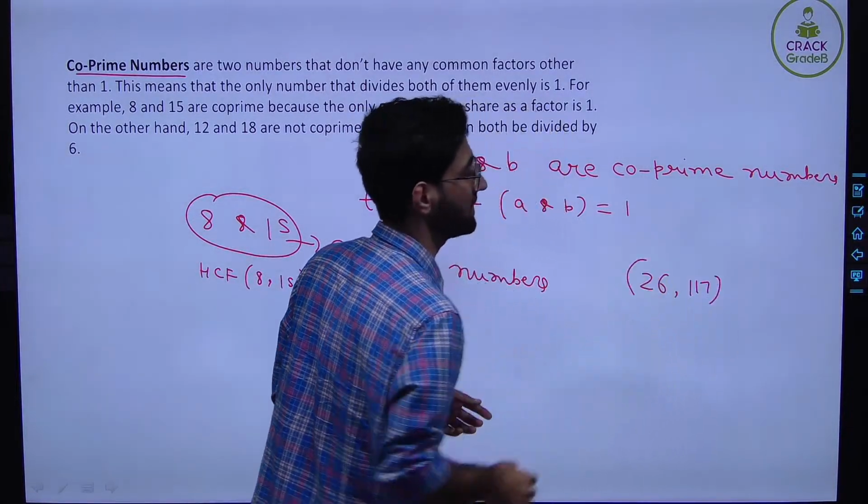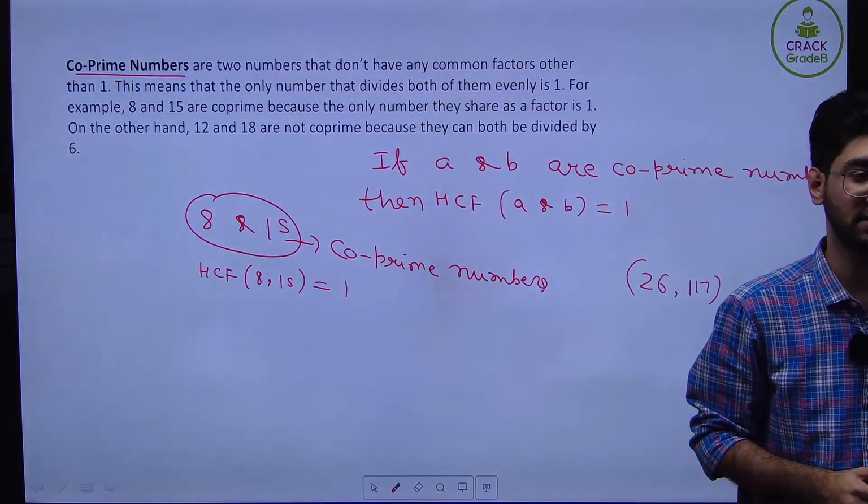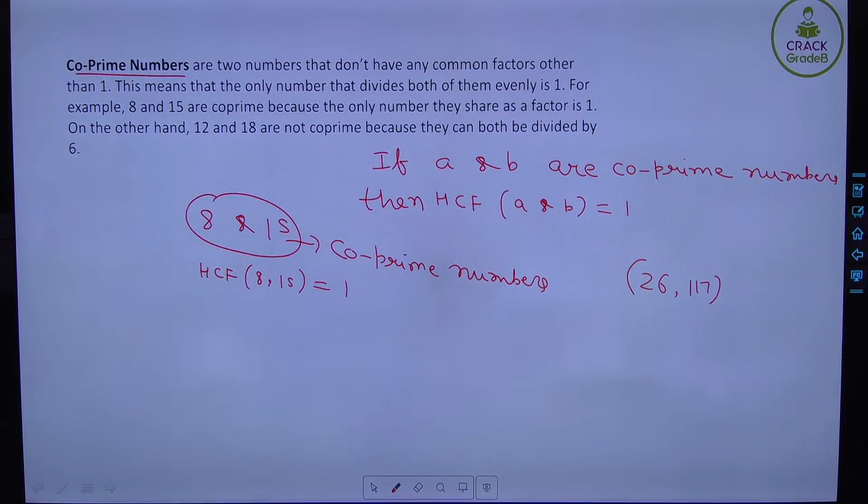Now tell me, are 26 and 117 co-prime numbers? Okay, everyone should try to find out.